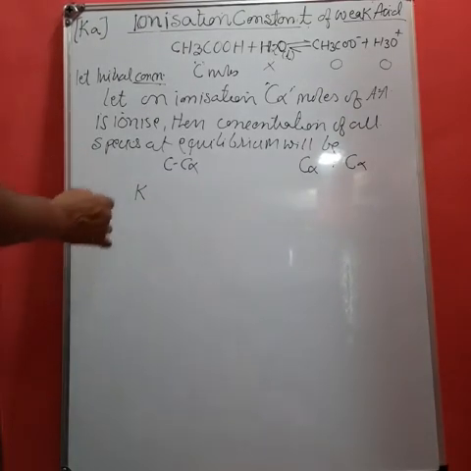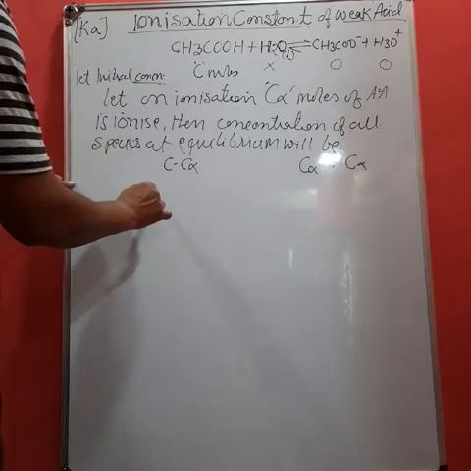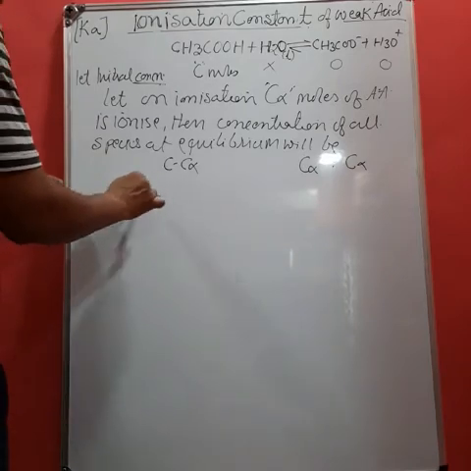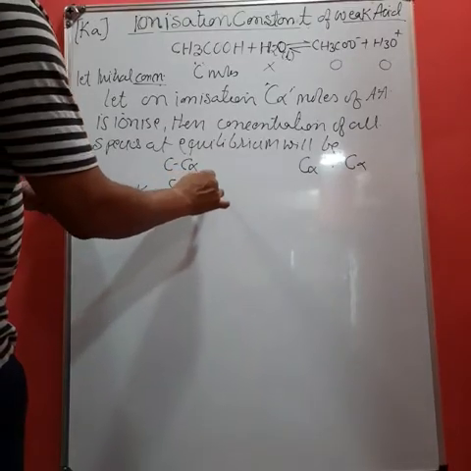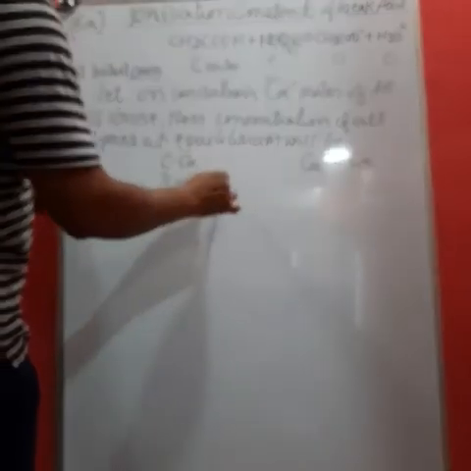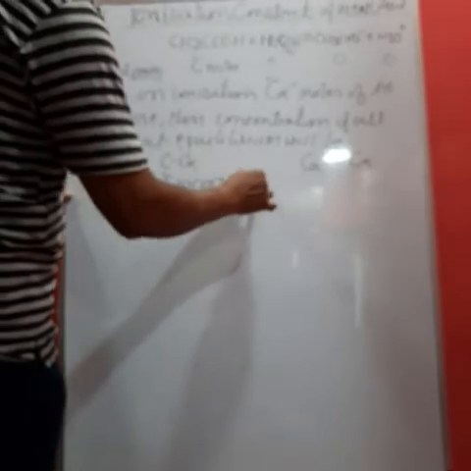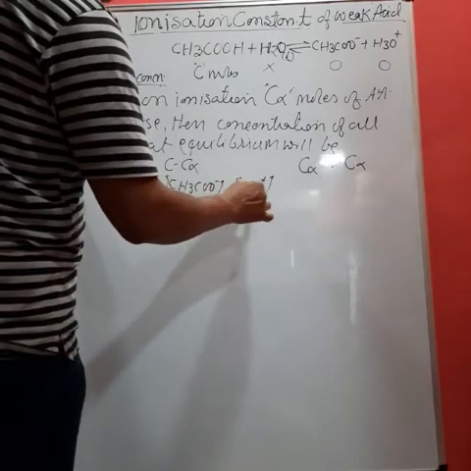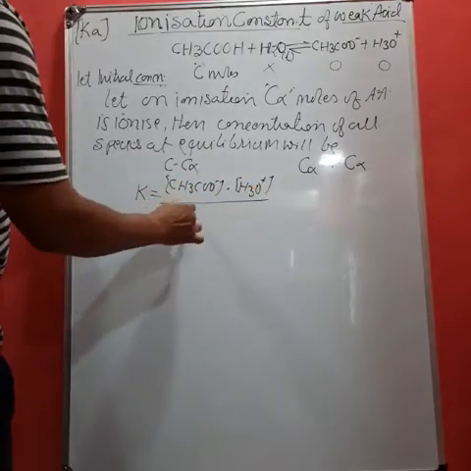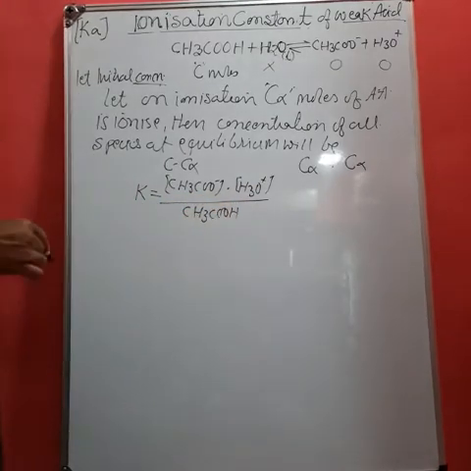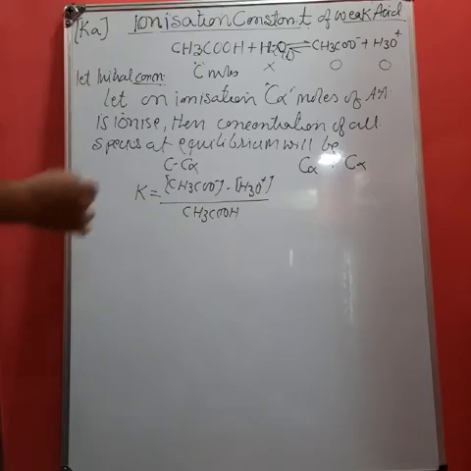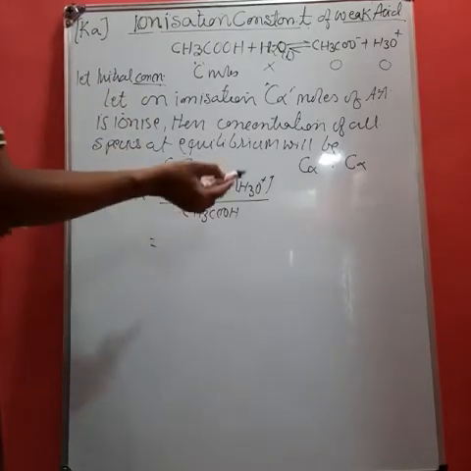That means now if we apply the law of chemical equilibrium to the ionization, we can write K is equal to the concentration of CH3COO anion multiplied by the concentration of H3O cation, whole divided by the concentration of CH3COOH. Isn't it? Now place the values.